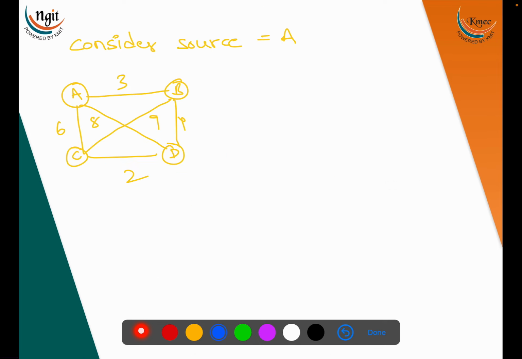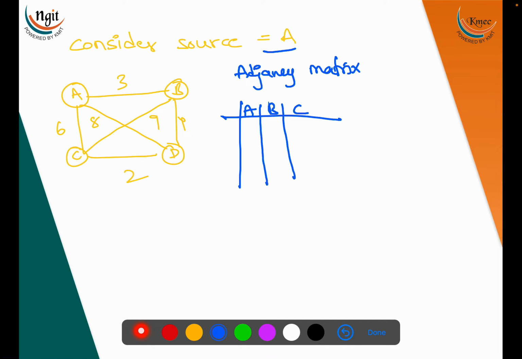First of all you have to consider a source city from which the salesman starts, which I am assuming as A. It is not given anywhere as a constraint that you can start from only A. You can start from any city, saying that it is your first visiting city. Before I take all permutations, I'll build an adjacency matrix for this graph. A, B, C, D.